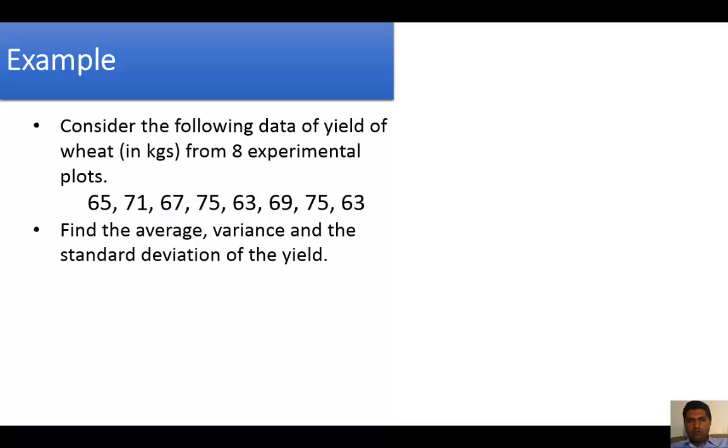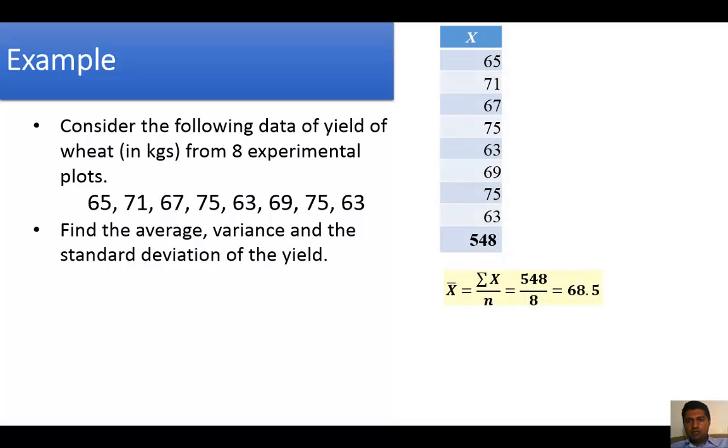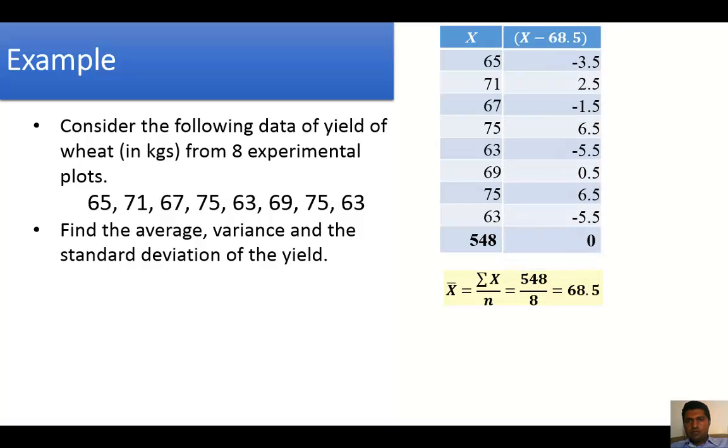First of all, remember that for the calculation of variance, you need to calculate the arithmetic mean. This is your data, and the mean can be calculated by dividing the sum of all observations by the number of observations. In the second column, you calculate the deviations of observations from their mean, whose sum is always 0.